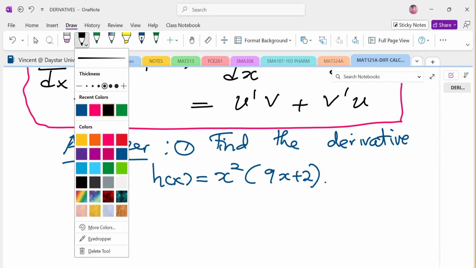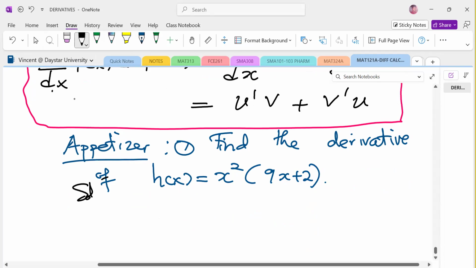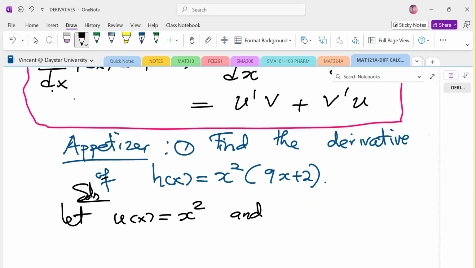So here you will let the first function be u, so u of x is x squared, and this second function, call it v of x, is 9x plus 2.